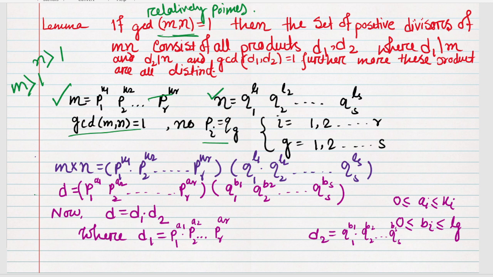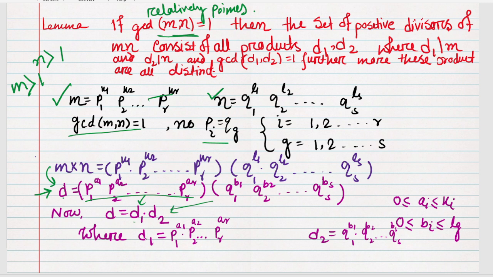We can write d, where d is a divisor of the product. If we represent a divisor of mn as d, then we can easily write it in this form. Then we can define d as d1 dot d2, where d1 equals this and d2 equals this if we represent it this way.